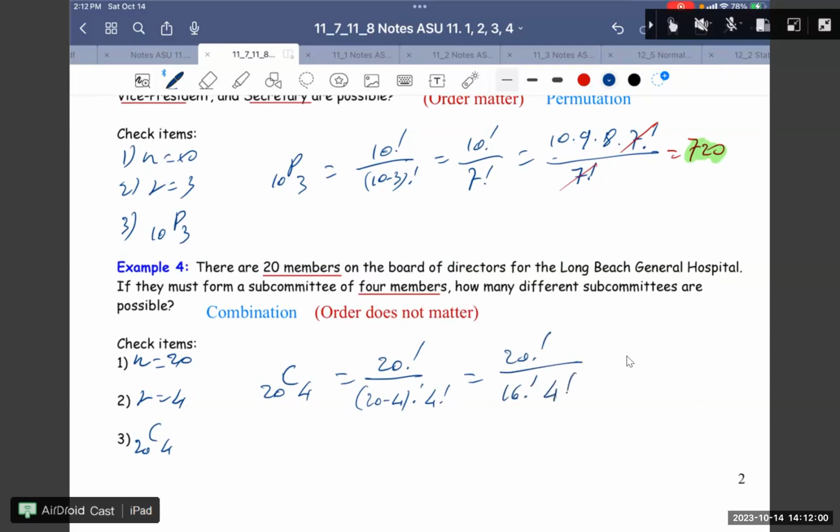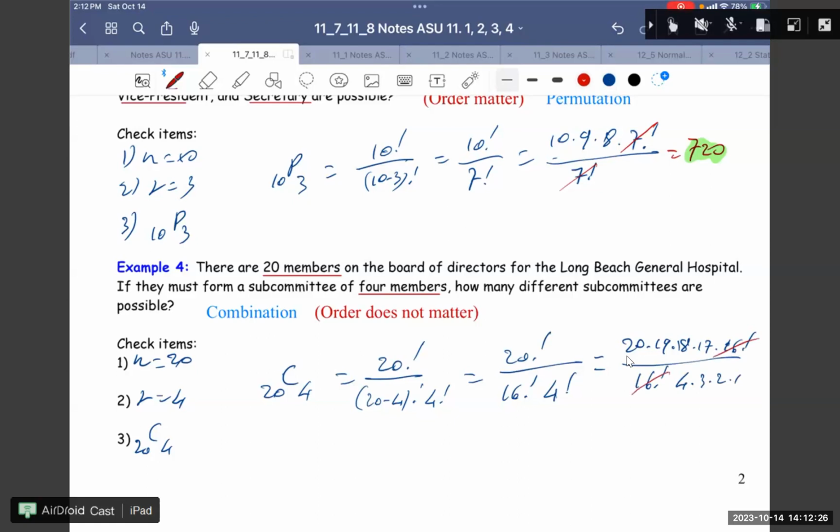So we can write 20 times 19 times 18 times 17 times 16 factorial over 16 factorial times 4 factorial. 4 factorial means 4 times 3 times 2 times 1. So 16 factorial is gone.